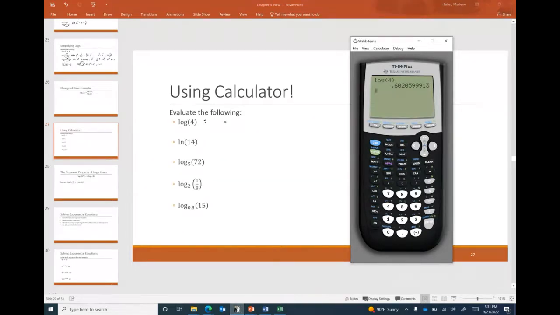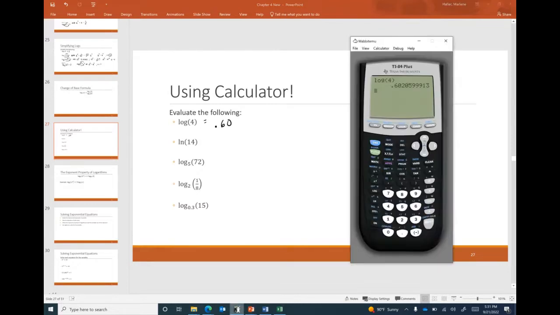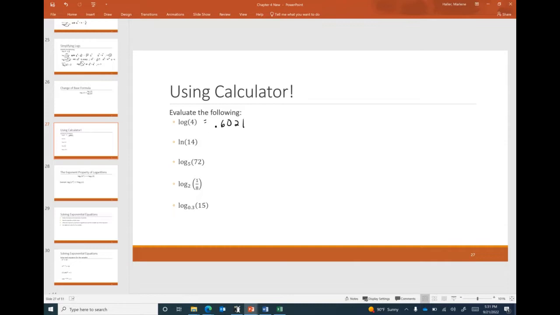It doesn't have to be, but that's the general rule of thumb. So I would say this is 0.602, and I would round this 0 up because there's a 5, which will cause that to be 1. So 0.6021.